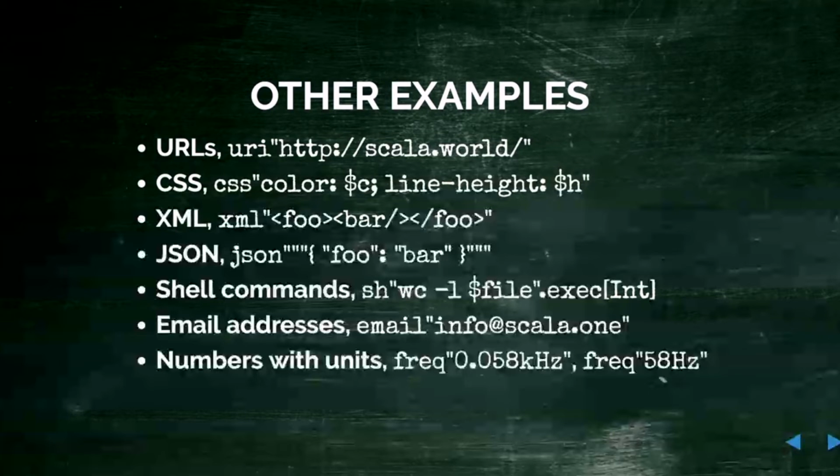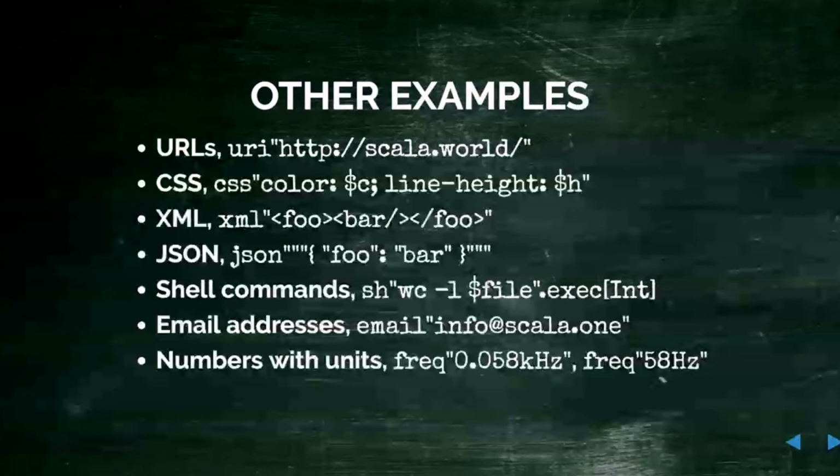The methods I'll show you later will maybe not directly explain how you implement things like this, but you can take the ideas and work out the various possibilities. We could have CSS. We could define properties like color, line height, or whatever else you get in CSS.